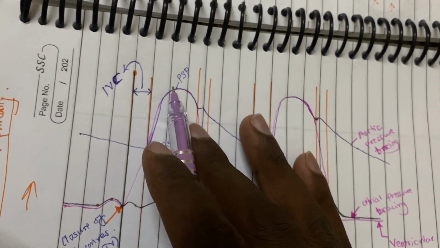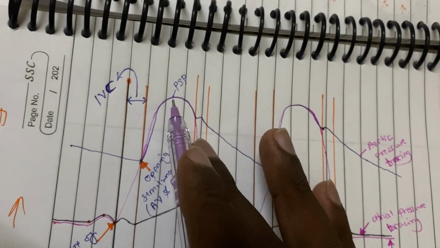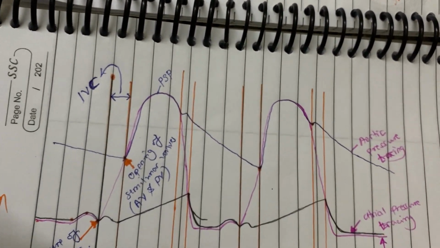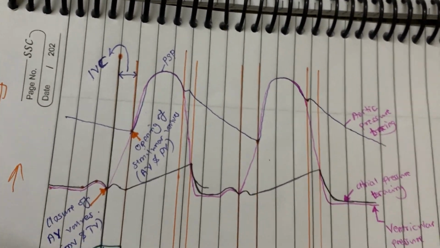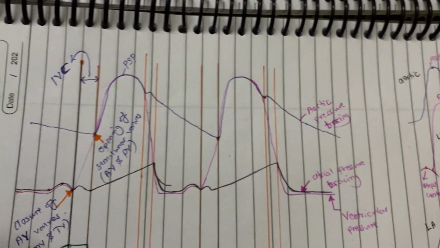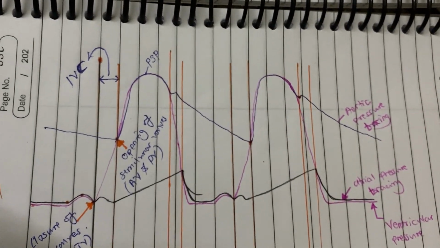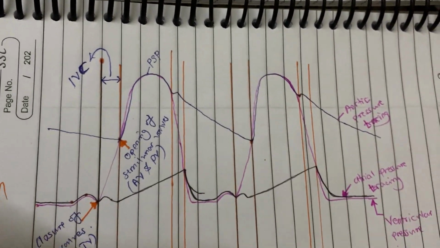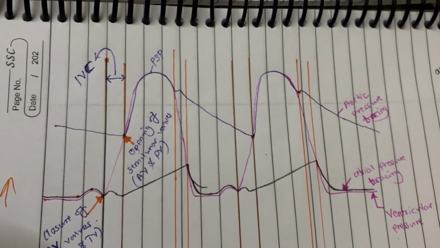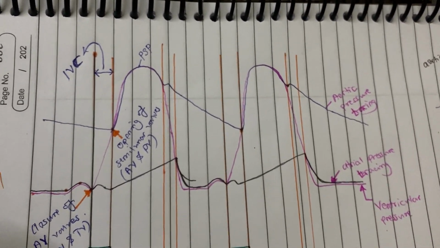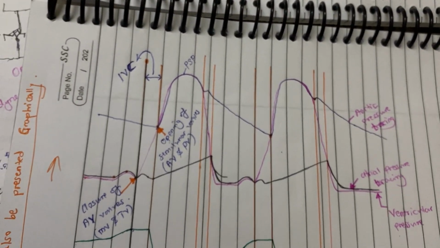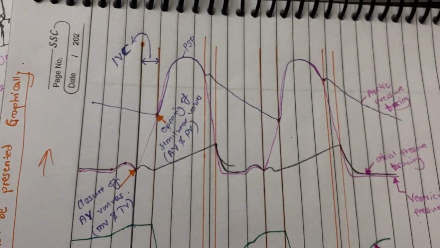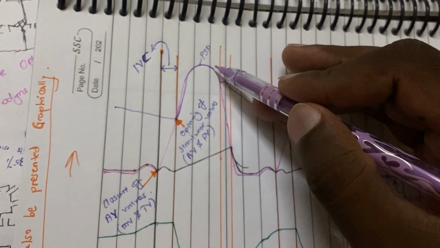This is the physiological thing, that at one point the ventricular systolic pressure should match the arterial systolic pressure. If the ventricular systolic pressure is higher than arterial systolic pressure, there is a stenosis somewhere. We shall see what stenosis means later on, but we need this.